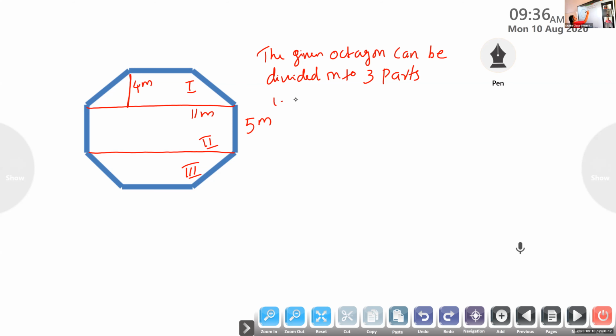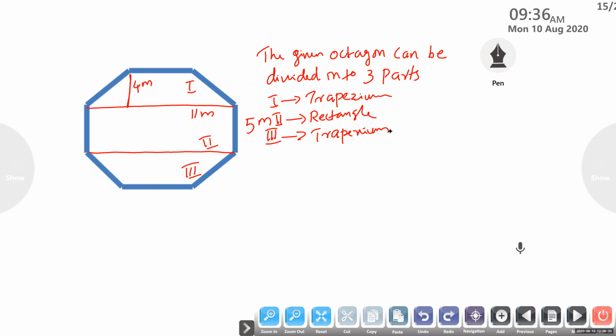First is a trapezium. Second is a rectangle. Third is also a trapezium. Side is 5 meters. It is a regular polygon, hence its sides are 5 meters.